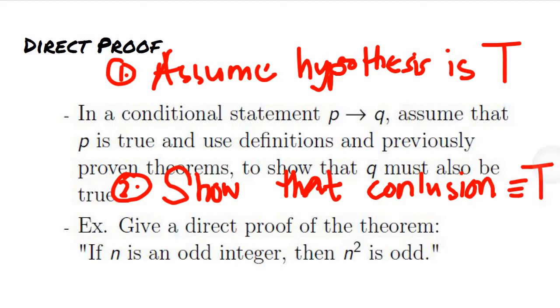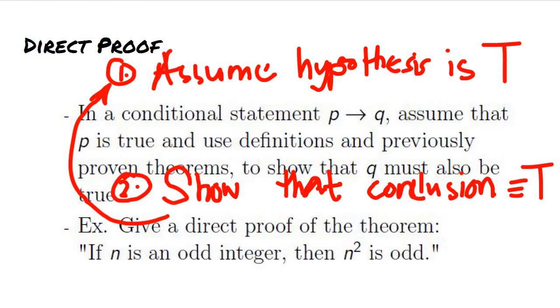So the implication here, the hidden directive, is we're going to use the assumption for us to be able to show that the conclusion must also be true.